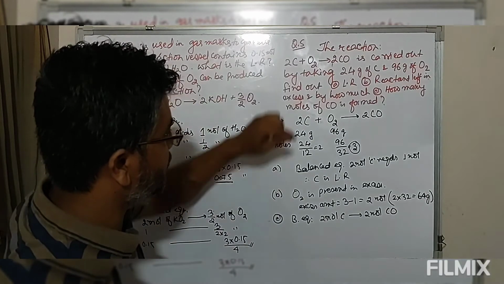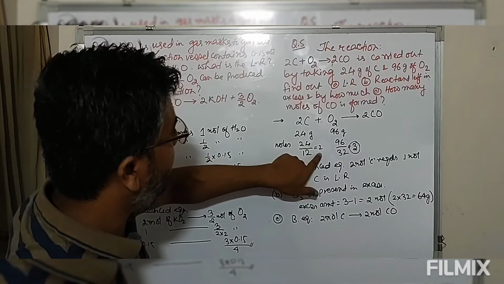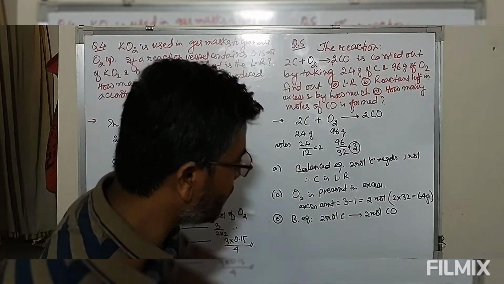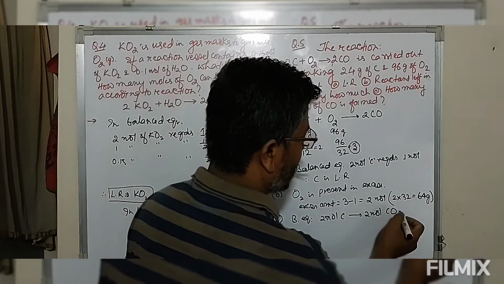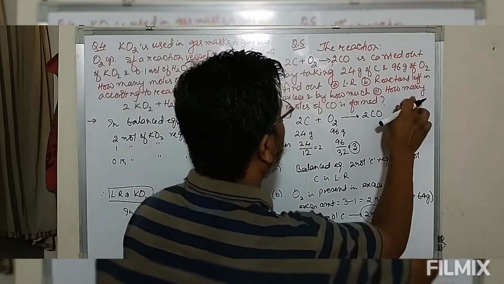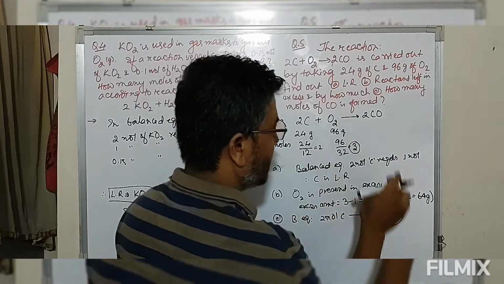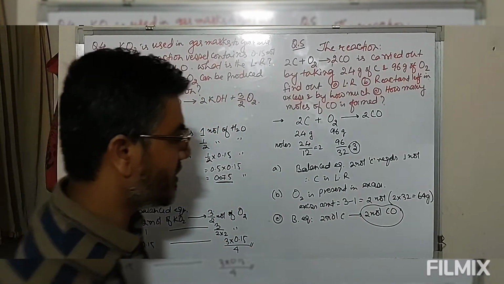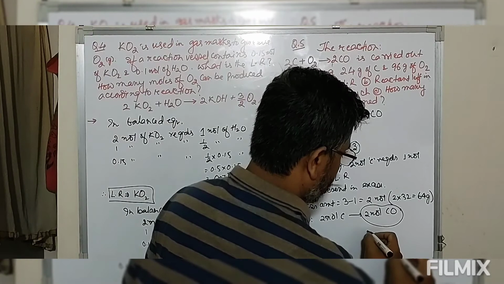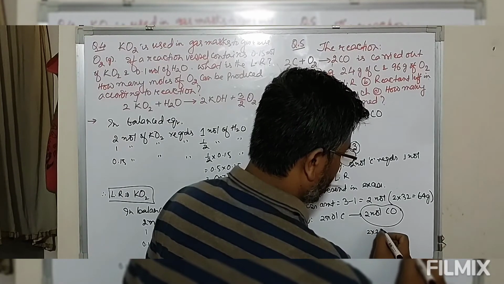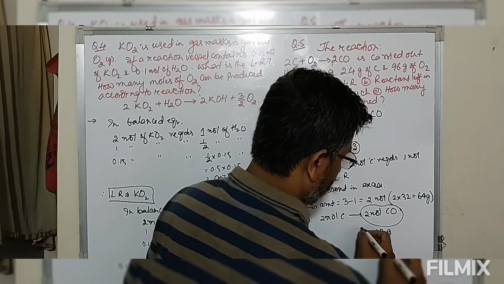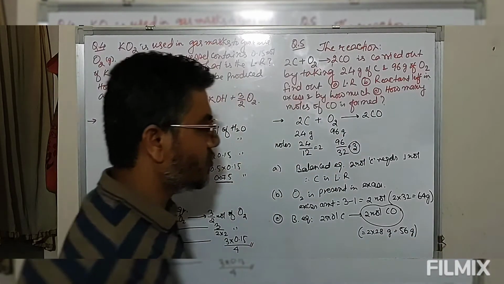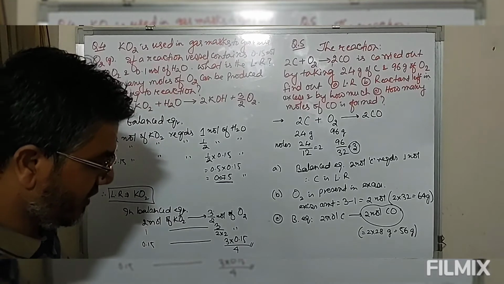Now the actual amount of carbon introduced in the reaction is also 2 moles. So 2 mole will give you 2 moles of carbon monoxide. So 2 moles of carbon monoxide will be formed in the reaction. In terms of mass, this is 2 into 28 gram, that is 56 gram of carbon monoxide, or 2 moles of carbon monoxide, will be formed.